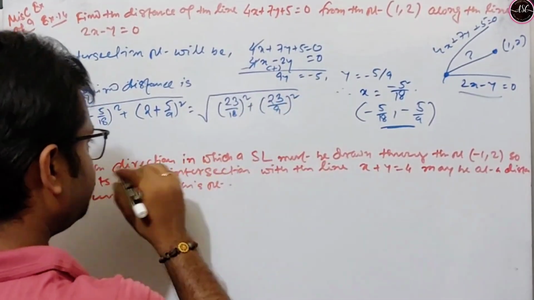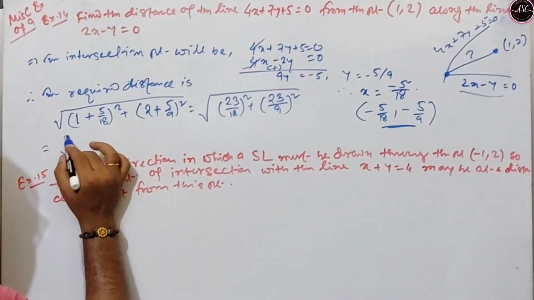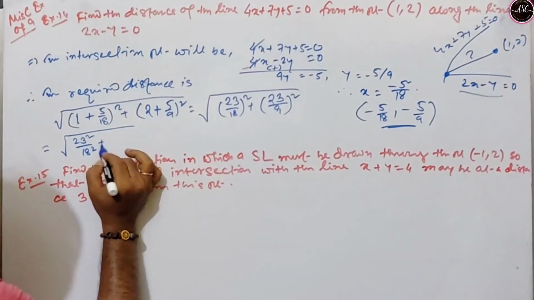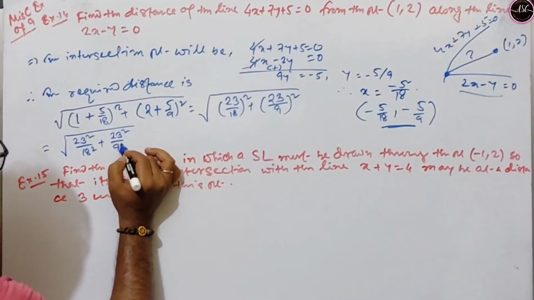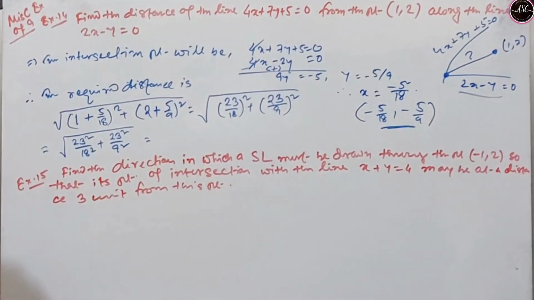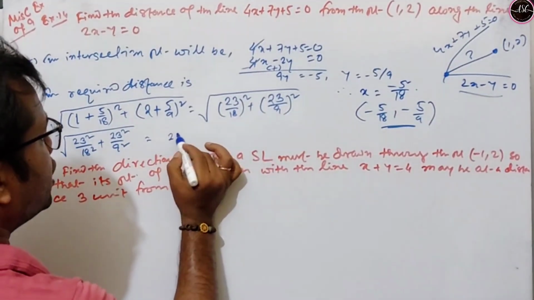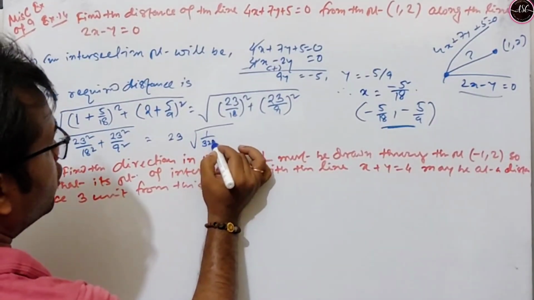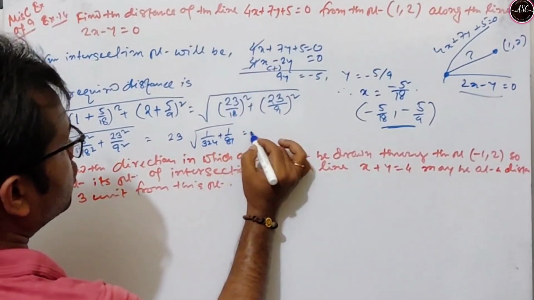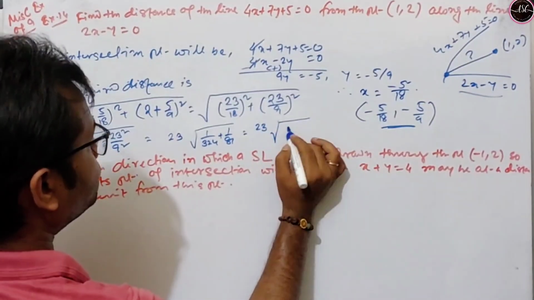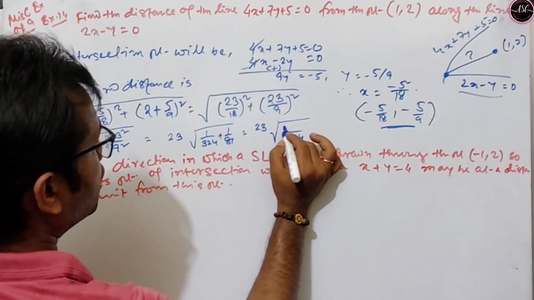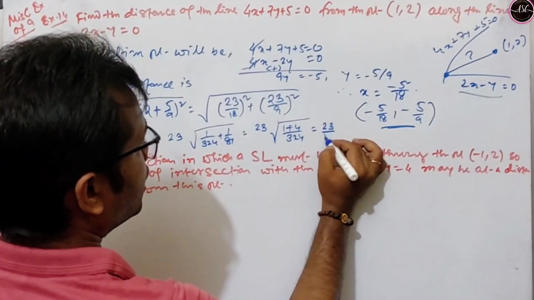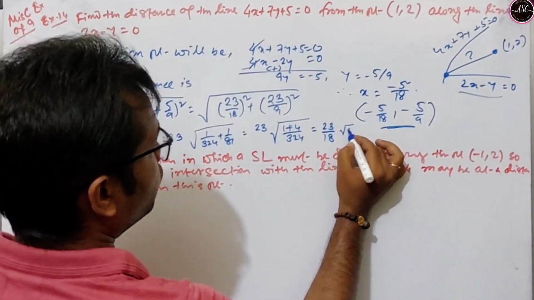So that will be 23 square by 18 square plus 23 square by 9 square. Just solve that. If we take 23 common, it comes out, and here will be 1 by 324 plus 1 by 81. So here will be 23 root of, here 324, here 1 plus 4, that means 23 by 18, and here root 5 unit.